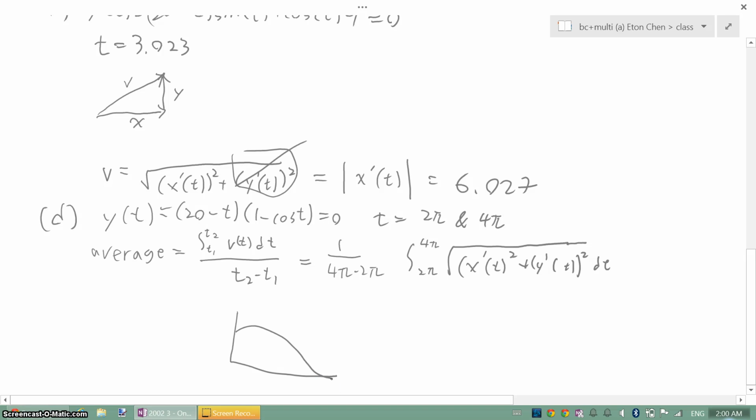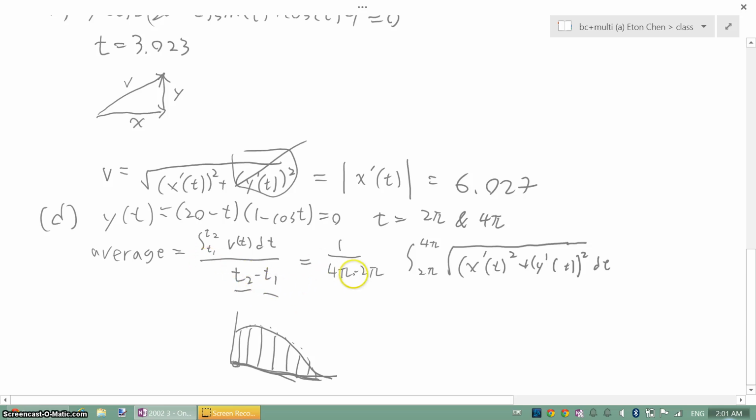If this line is the velocity, each dot equals the velocity, we just need to multiply it by the time, at every instant, which means the area equals how far it traveled. So we just need to know how far it traveled, and how much time it spent, which is t2 minus t1.